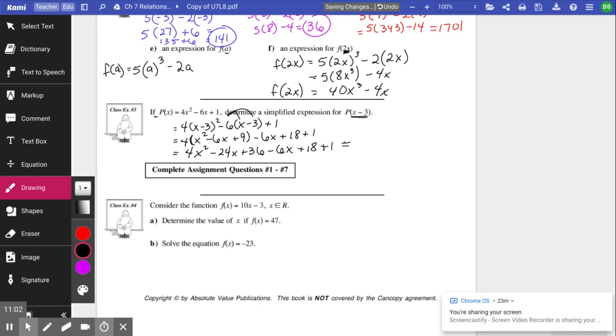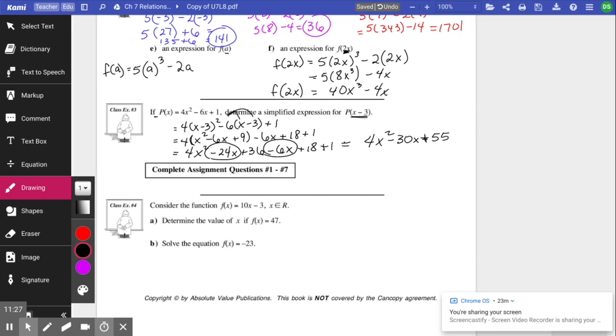So I'm going to say 4x squared, he'll stand alone, but my x's will be minus 30 of them. If I take these two with the sign in front, and then I'm going to go 36 and 18 and 1 is going to give me 55, and they're all positive.